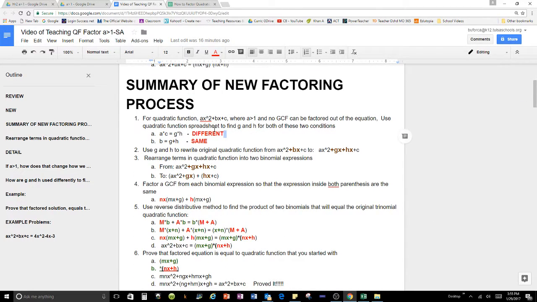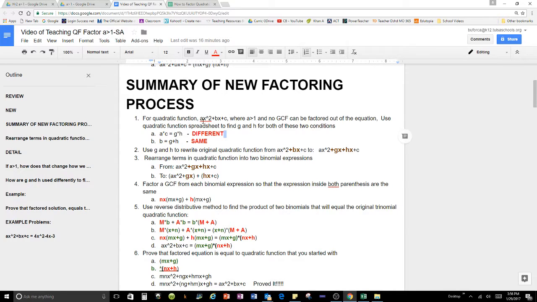All right, so let's see how we get there. Let's start off with seeing how we find G and H, and how we use G and H differently when we have a greater than 1.